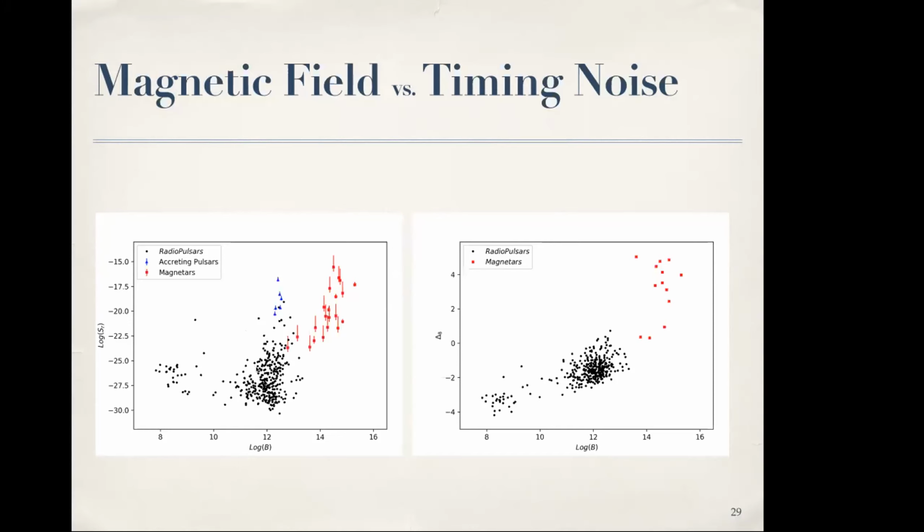We attribute these relatively high noise strength values to the variations in the magnetospheric moment of inertia of isolated pulsars and magnetars. On the other hand, the accreting pulsar sample is located in the upper mid region of the diagram with a high level of timing noise originating from accretion torques.